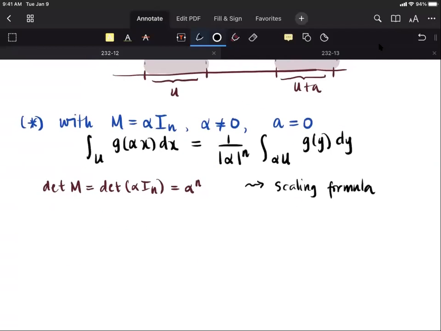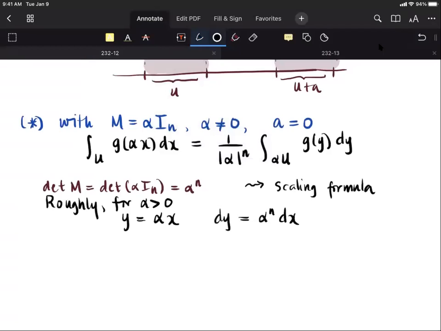Roughly speaking, if you think of y equal to alpha x, then dy is, let us concentrate on alpha being positive, alpha to the n dx.